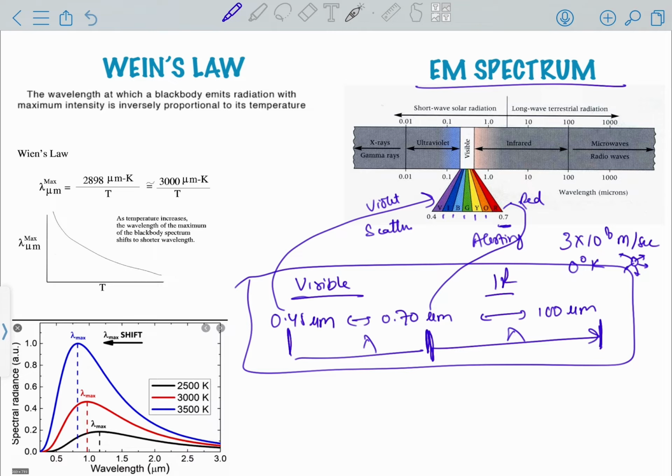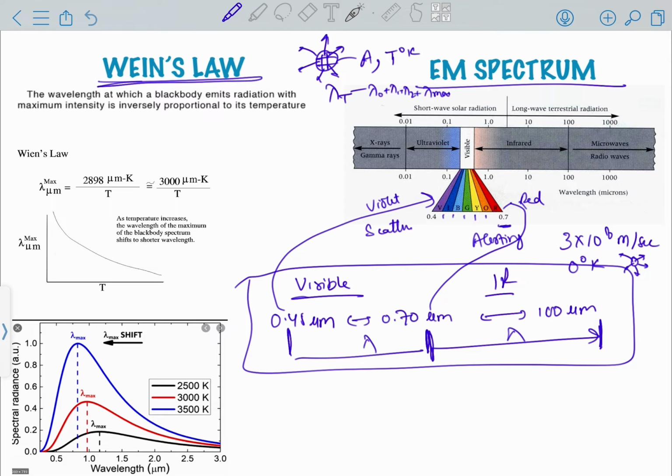Coming to the topic, we need to understand Wien's law, a very important concept. Any body, let's say body A, at temperature T degrees Kelvin is radiating a mixture of wavelengths, lambda total, which is the summation of lambda 0 plus lambda 1 plus lambda 2. There are multiple wavelengths, and one lambda will be the maximum amongst all.